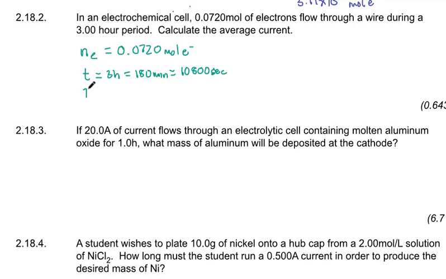And they want the current. Formula is IT equals Fne. If you want the current, divide both sides by T to get current alone.